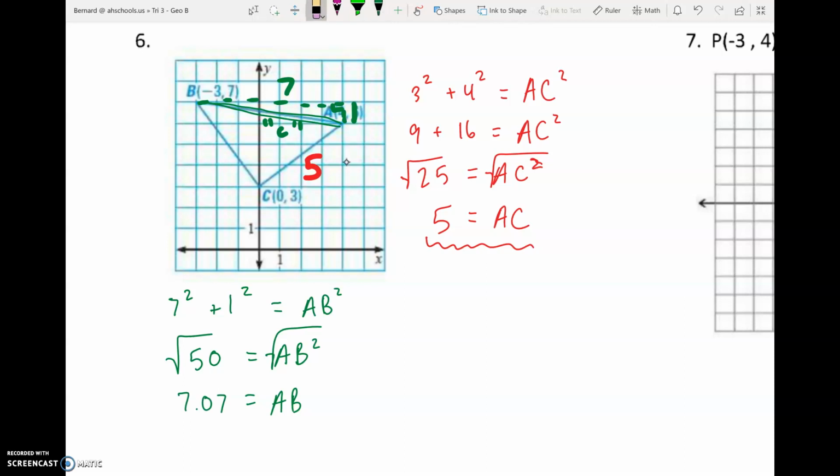All right, so I'm going to clean this up again, and I'm going to write that. We know this side is now 7.07. And so now let's figure out this side, our BC side. And we're going to do the same thing. This is 3, and down the left side is 4. 1, 2, 3, 4. 1, 2, 3. And so our right triangle will help us find our side BC.